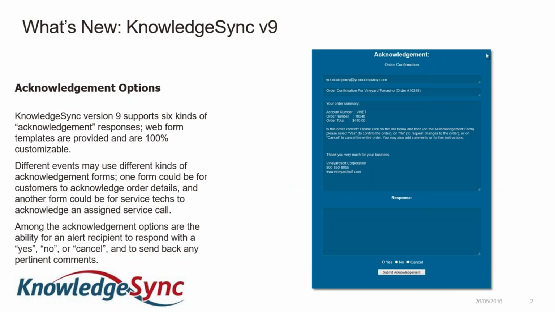As I mentioned, acknowledgement forms are web pages, and KnowledgeSync includes 6 different types of acknowledgement forms, from the simplest form that simply lets an alert recipient specify, yes, they acknowledge receipt of that alert, to the form you're looking at on the right-hand side of the current slide, that not only lets a recipient specify that they have received the alert, but whether they're satisfied with the contents of that alert and whether they wish to make any changes or add any comments in relation to that alert.